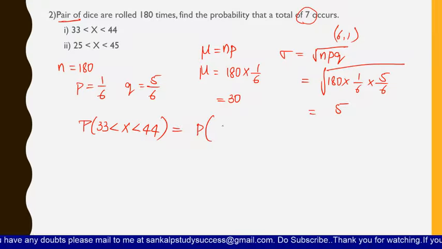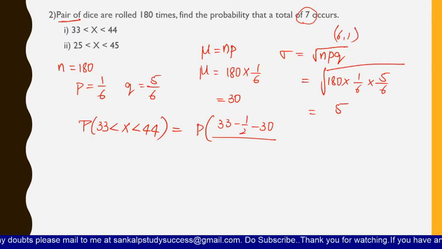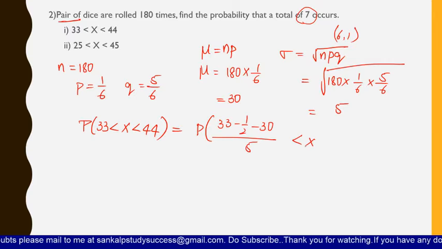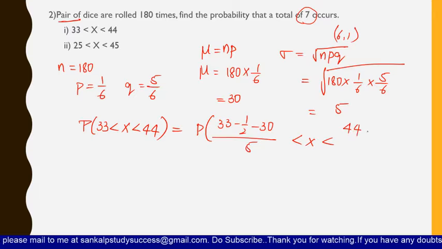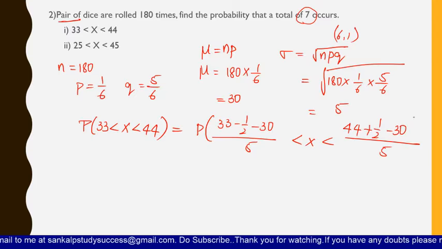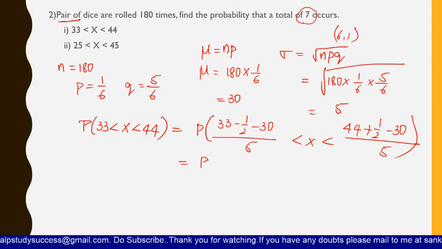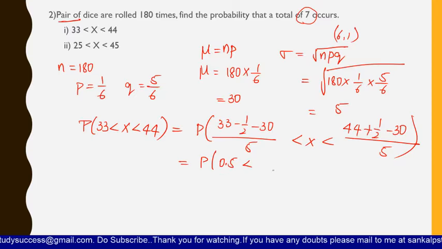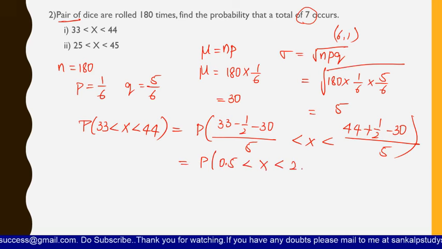Now how do we find it? We know that (33 minus half minus 30) by 5 less than x less than (44 plus half minus 30) by 5. This is the formula. In the formula we are just substituting the values of mu and sigma. Now you will get P of 0.5 less than x less than 2.9.